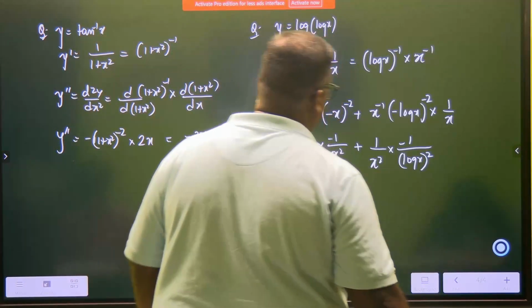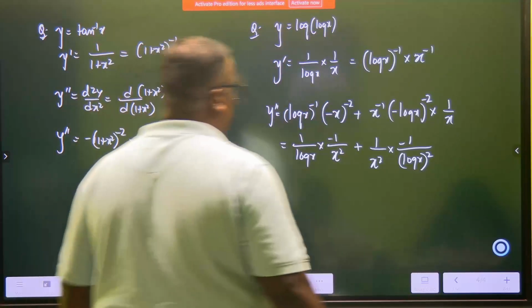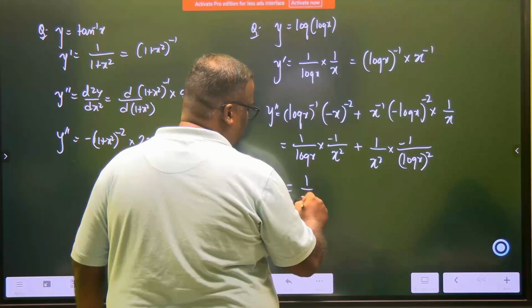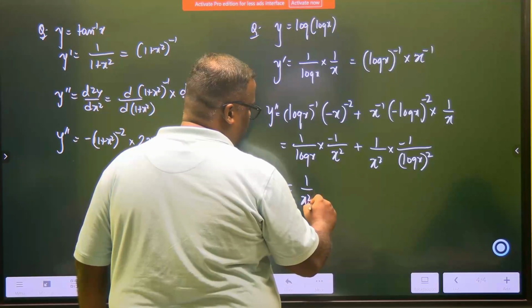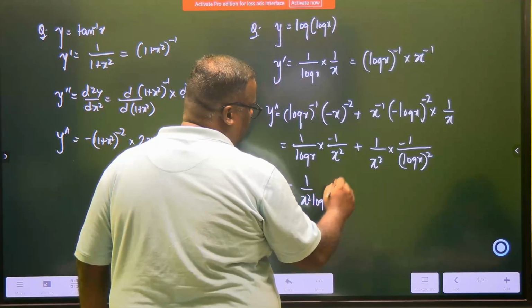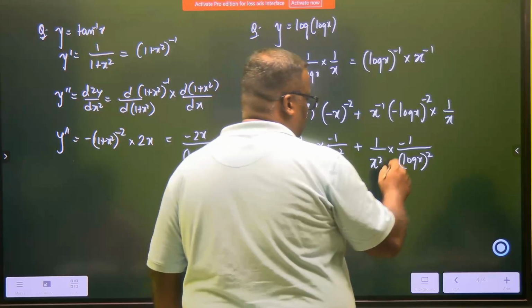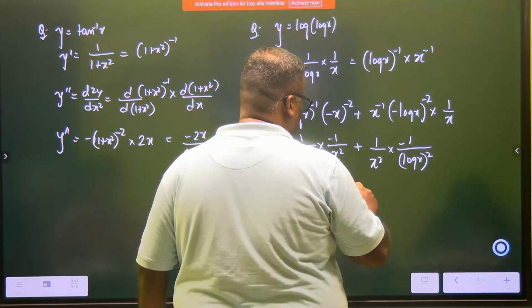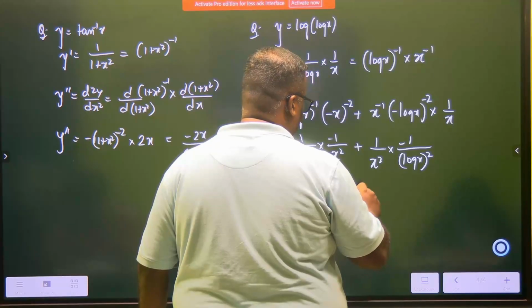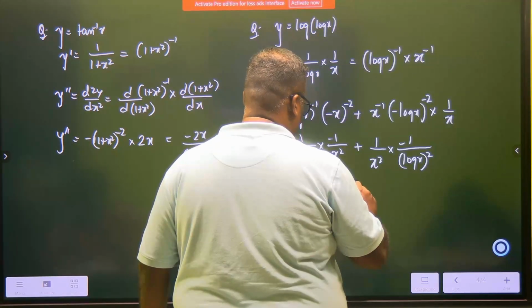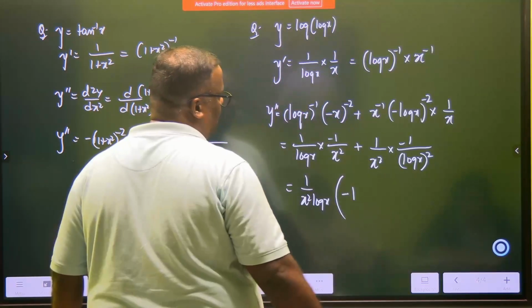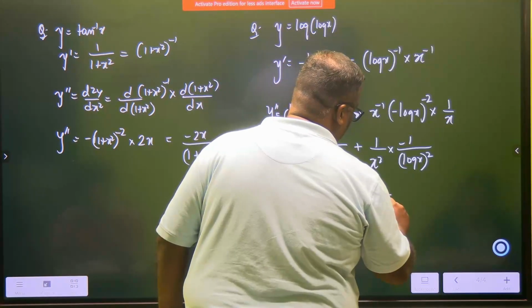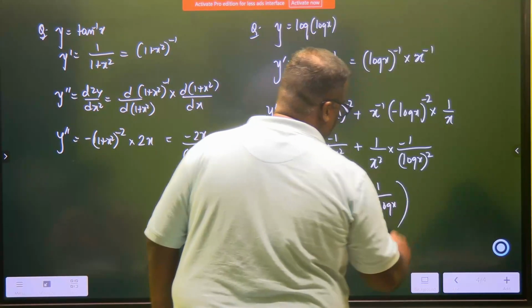Are we fine? Okay. So I think we can take common as 1 upon x square into log x. We can take this as common. So here I will have negative 1. Here I will just have a negative 1. And here I will have negative 1 by log x.